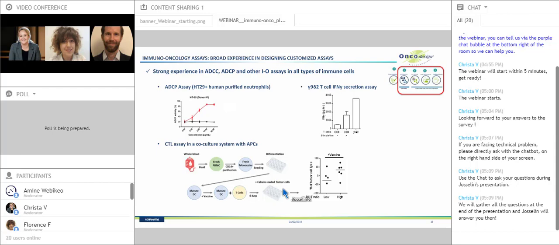And at the end of all of this process, what we wanted to see is the percentage of lysis, which was determined by flow cytometry as a decrease of the calcein positive cells in presence of different ratios of DC. So when you increase the ratio of DC, meaning that you have more DC, you have a better effect of the vaccine.